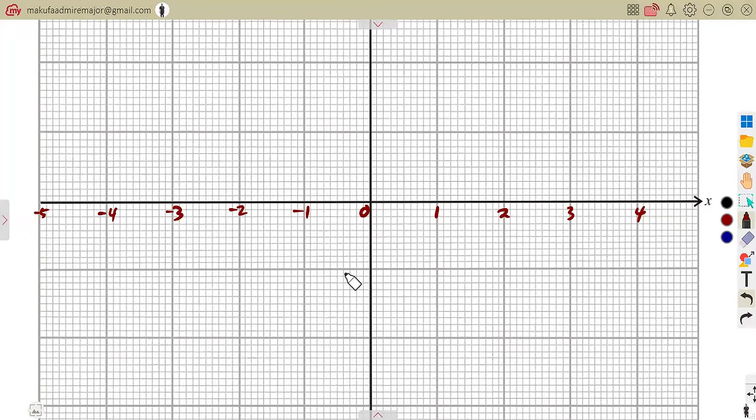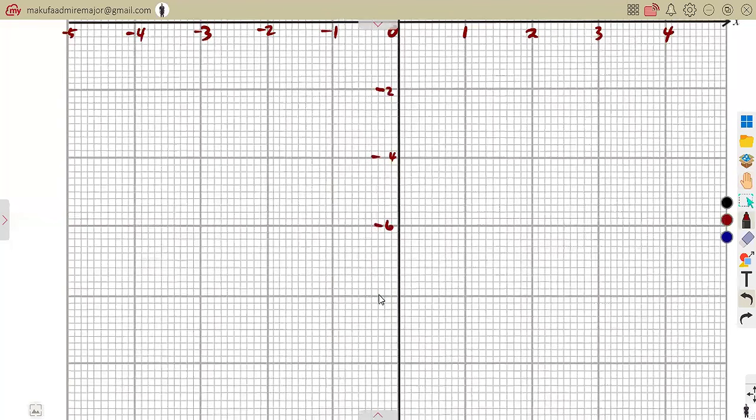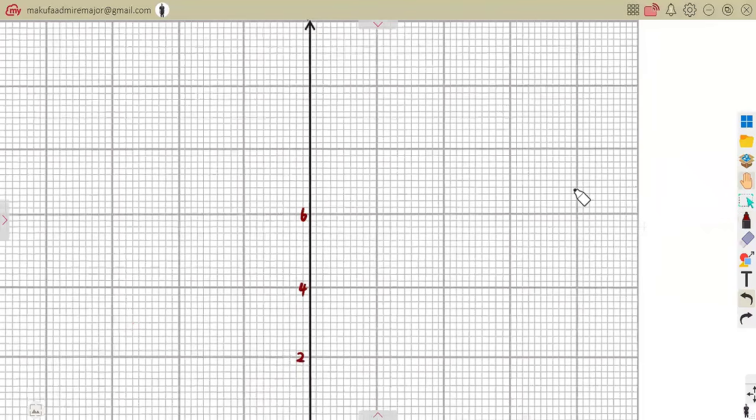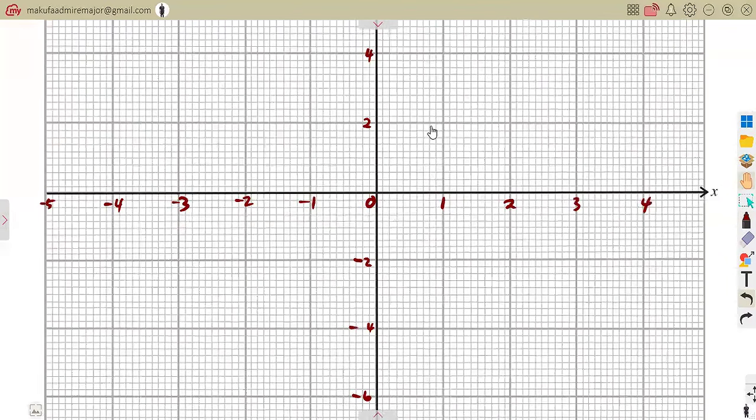So you're going to have -2, -4, -6, -8, -10, and the same 2, 4, 6, 8, and so on. This can accommodate the values that you're given.